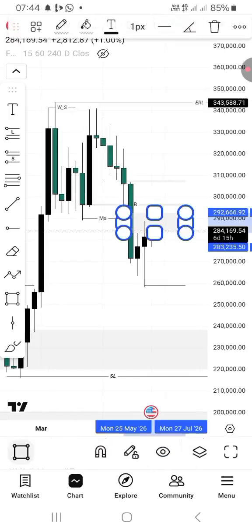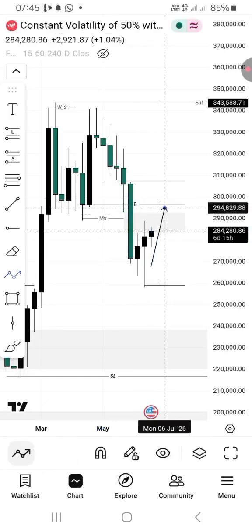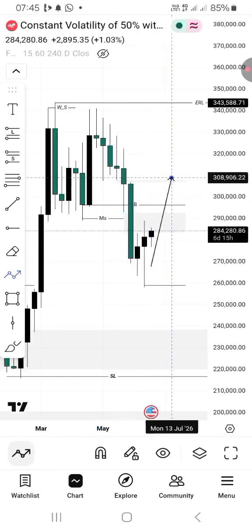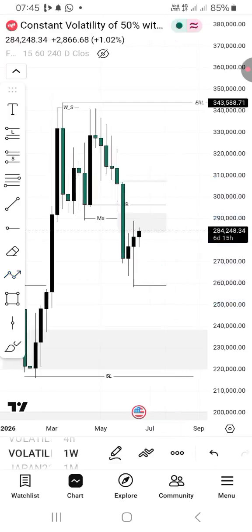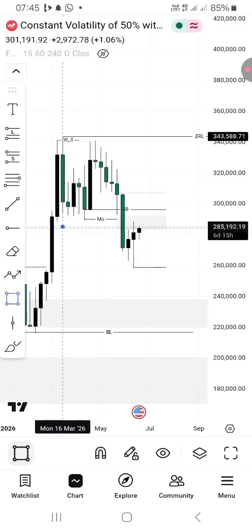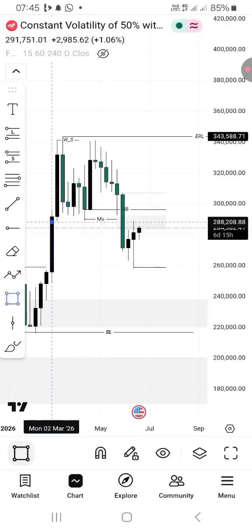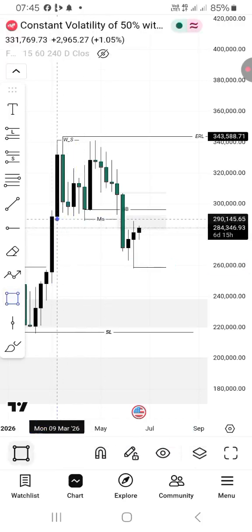So now, what will engineer this push up? What will make price push up to that side and then push down? You know that price is currently reacting in a fair value gap.